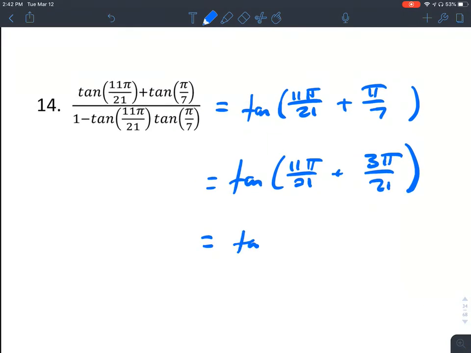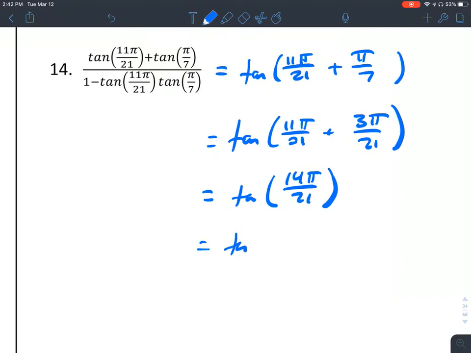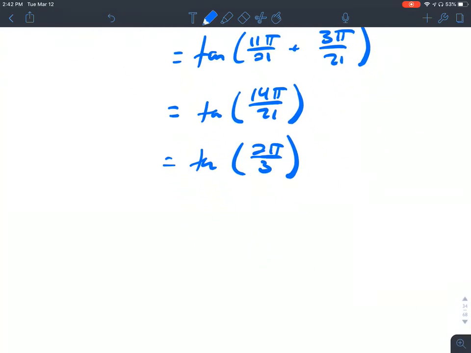That's going to give us tangent of 14 pi over 21. That reduces, people. Boy, does that reduce. That reduces to 2/3 of a pi. Nothing better than 2/3 of a pi. Tangent in quadrant 2, which is where this angle is, is negative.